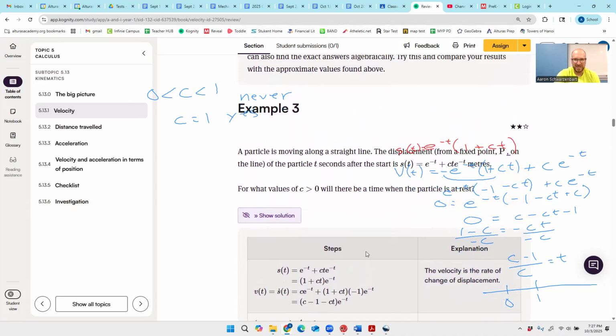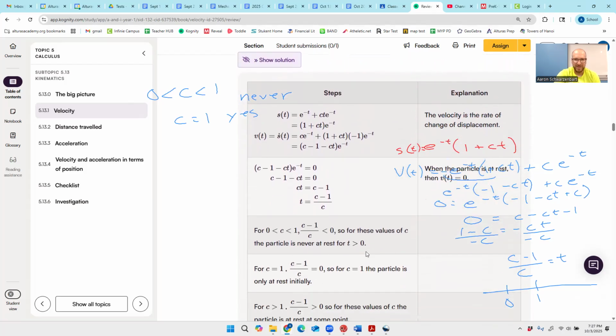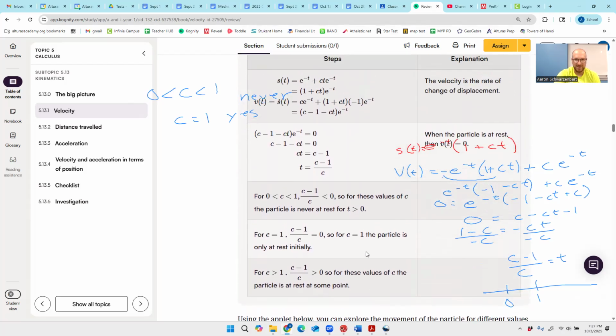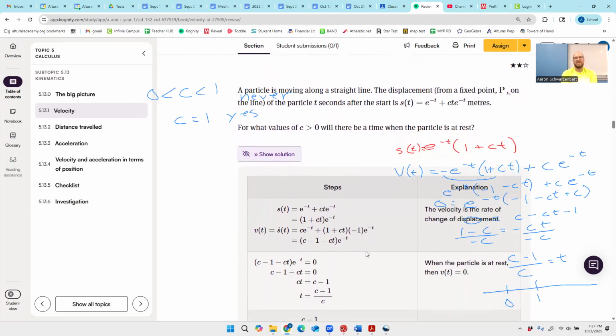So it started out negative. If c is greater than 1, there will be a point because that is positive. So if c is greater than 1, it starts in a negative direction, and it ends in a positive one.